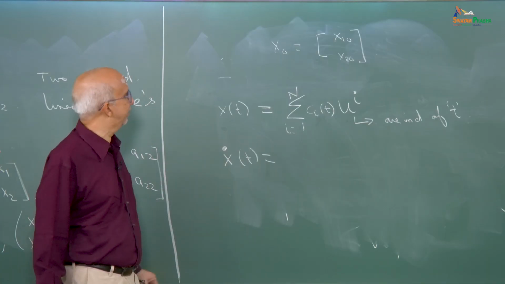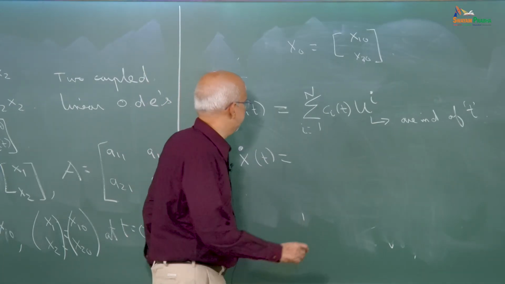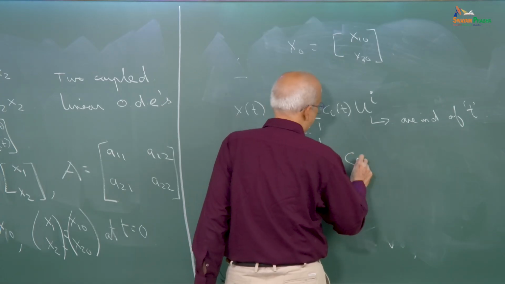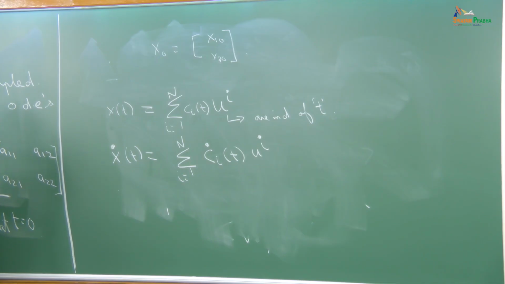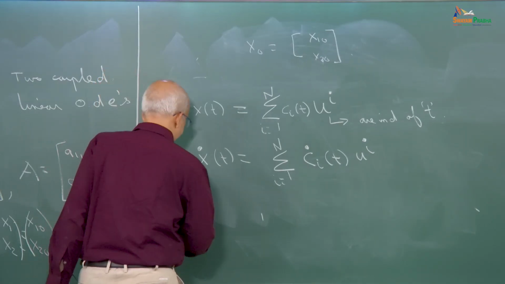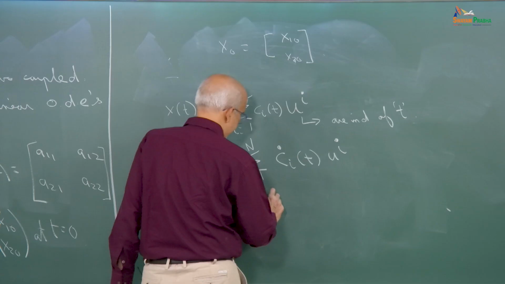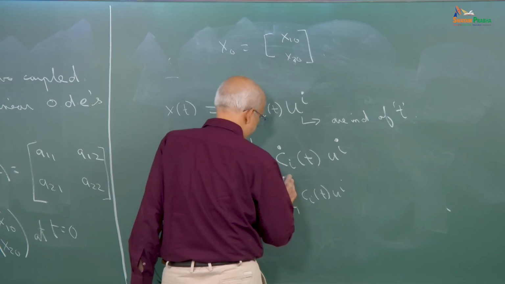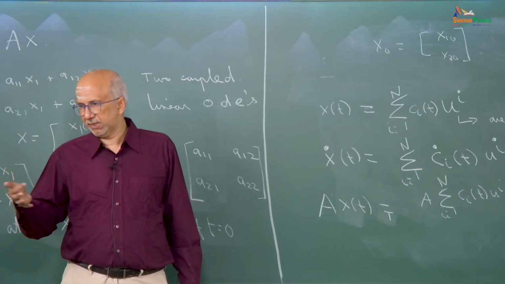Now, for the time derivative, I will differentiate both sides with respect to time, and the ui does not depend on time. So, this is nothing but sigma i equal to 1 to n, Ci dot of t ui. Just differentiate. And what about Ax? That is going to be A operated on sigma Ci of t ui, i equal to 1 through n. Again, I can take the A inside the summation. Ci is not a vector, Ci is just some scalar which is a function of time.